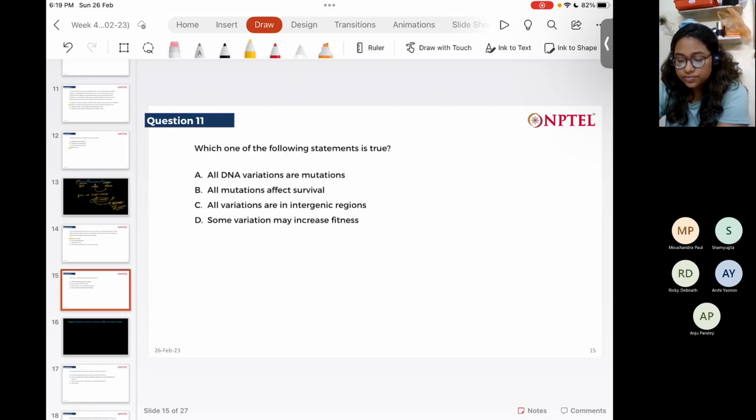This is the next question. Which one of the following statements is true? A, all DNA variations are mutations. B, all mutations affect survival. C, all variations are in transgenic regions. D, some variation may increase fitness. Which of these options is true? Think over it.